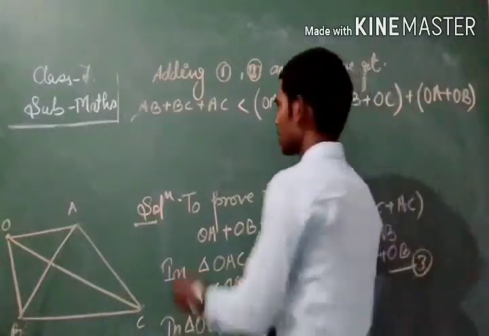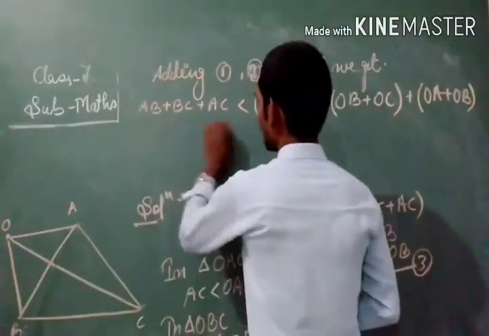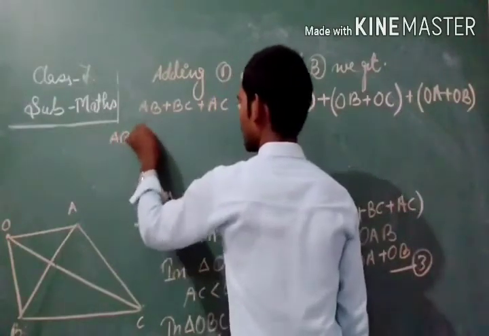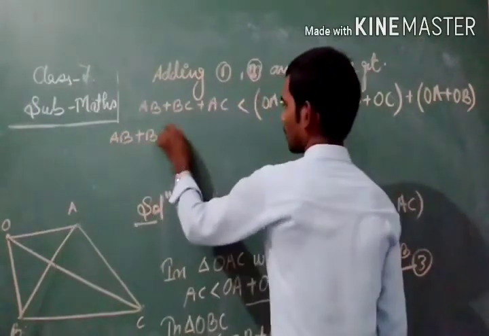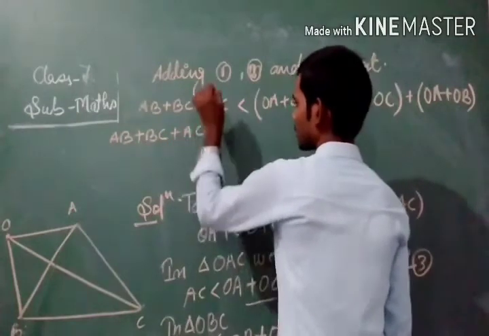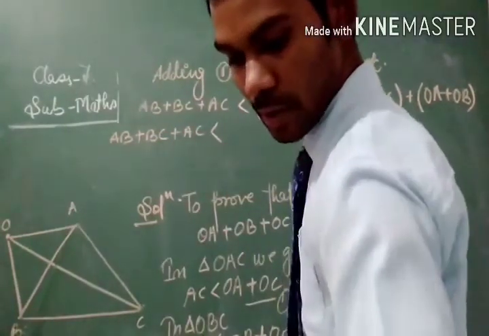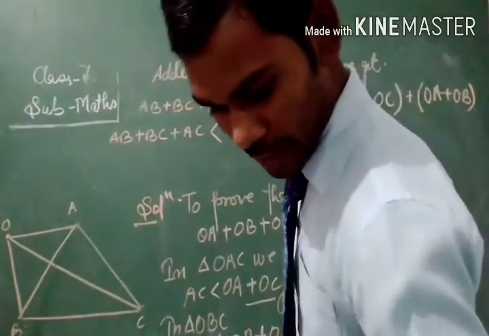After solving this, the left side remains AB plus BC plus AC, and this is less than. Student, just focus here.